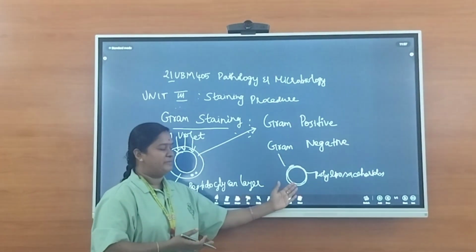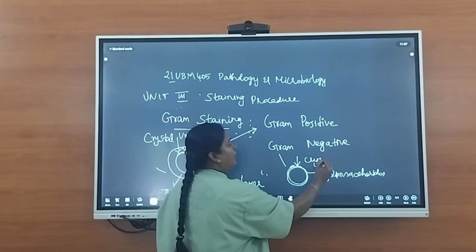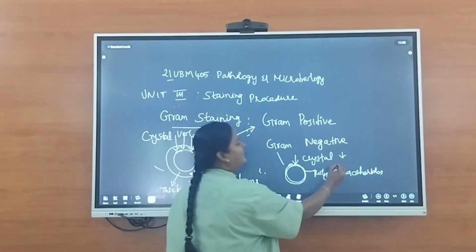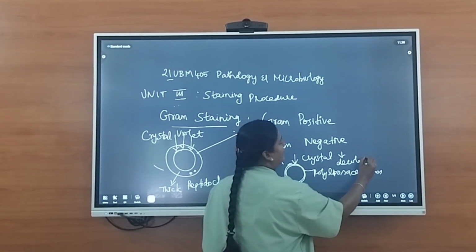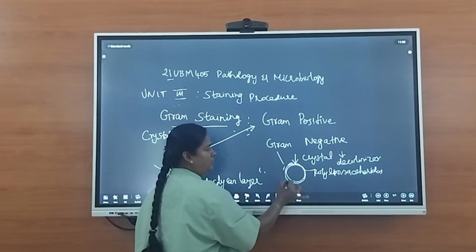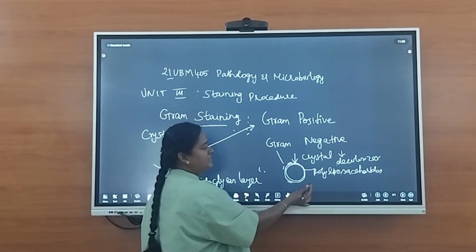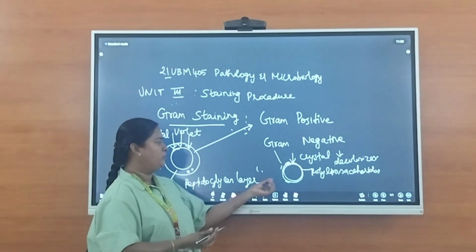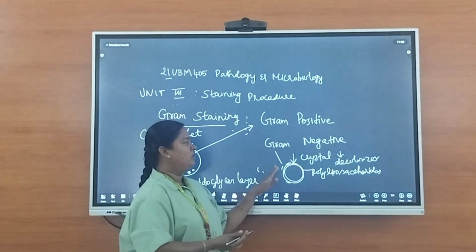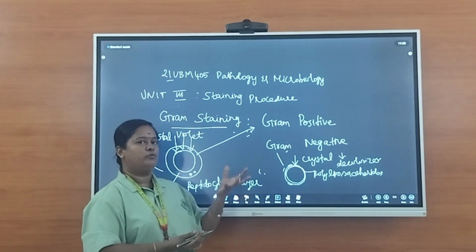But if it is gram-negative, first you add crystal violet, and after 2 minutes, if we add decolorizer, it removes the color, because it does not have a peptidoglycan layer. So the pores are not closed, and the open pores allow the crystal violet to be decolorized. Then we need to view the gram-negative bacteria, but we cannot view them without color.